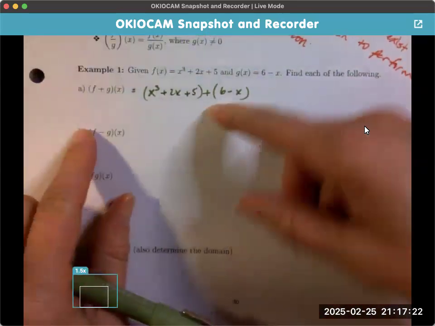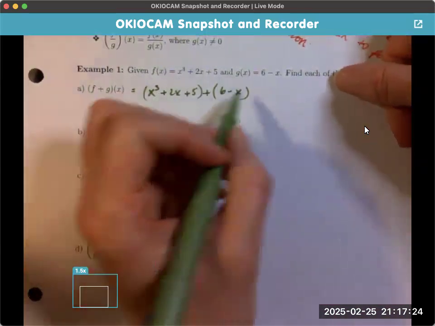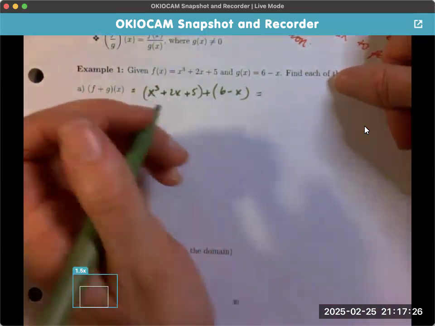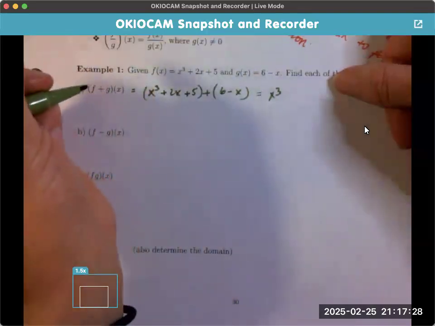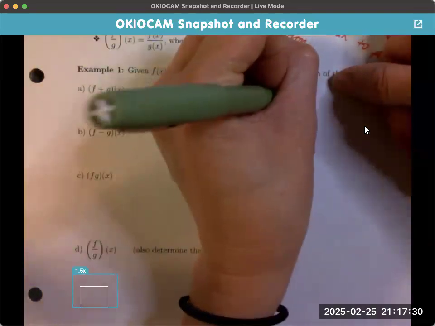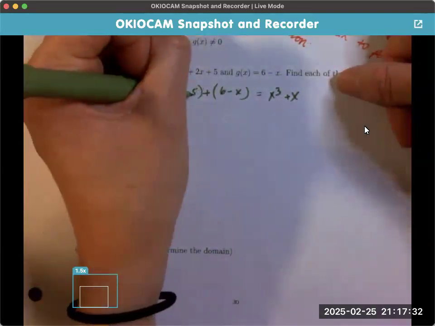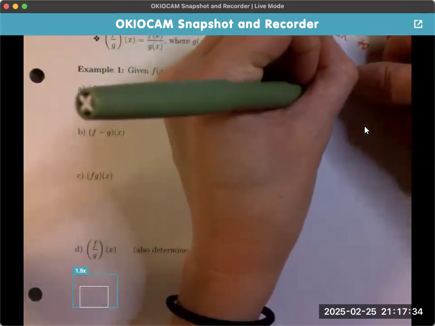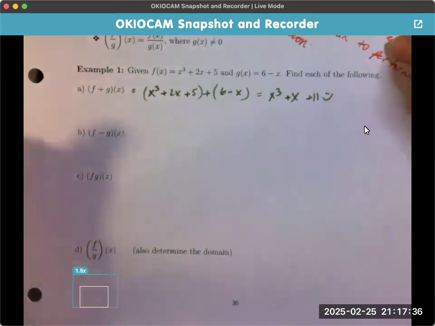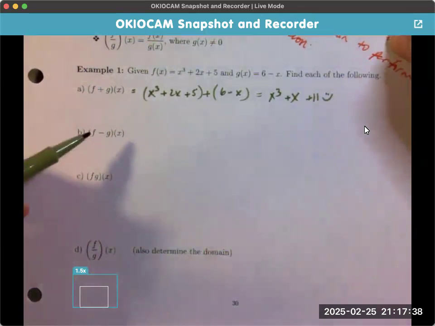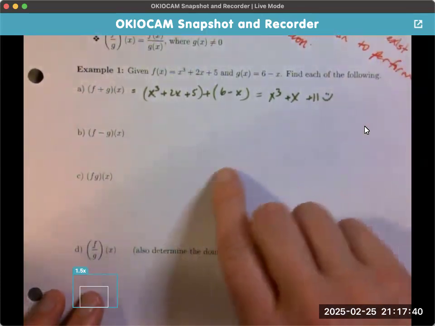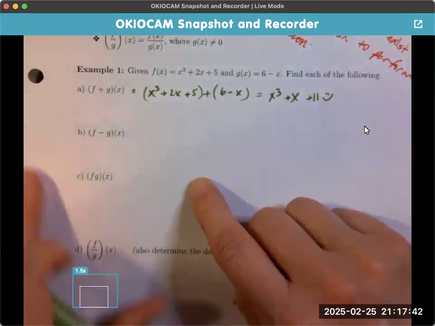So now we just combine like terms because we don't actually need the parentheses. So we have x cubed, 2x minus x is plus x, and then plus 5 plus 6 is plus 11. That's it. So pause the video. I want y'all to do B, C, and D. You can do it. Play when you're ready.